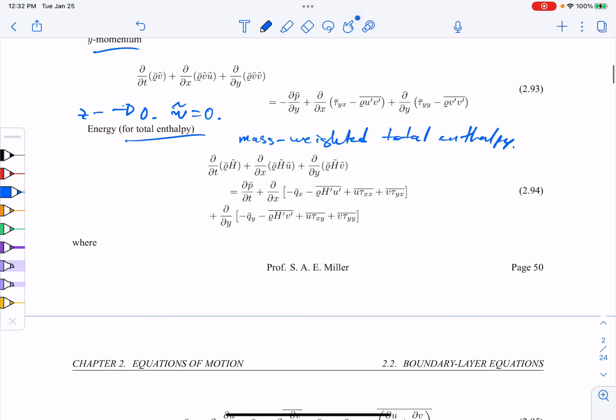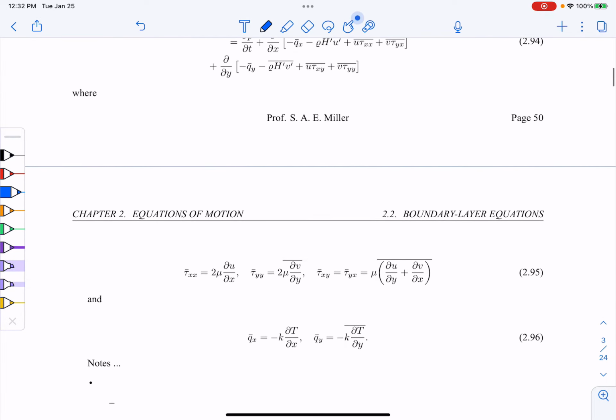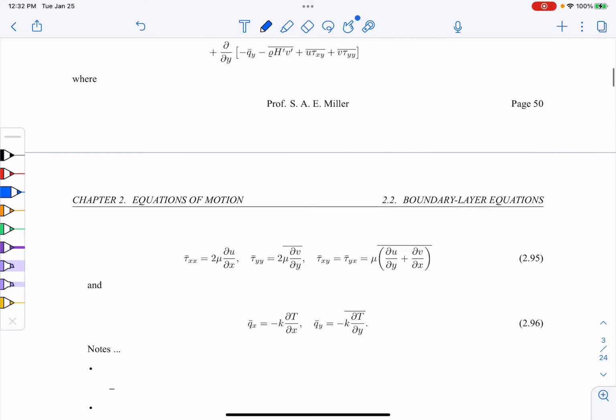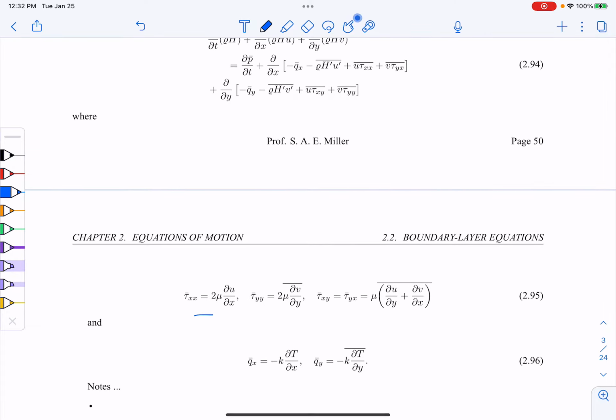And we have a few other things here. Let me come down. I define my stresses, right? So before I had them in index notation. Well, now I just have tau xx, tau yy, and off-diagonal components tau xy. So remember, this is usually tau ij bar, and we would go from 1 to 3, but we're only in 2 dimensions because we only care about x and y coordinates.